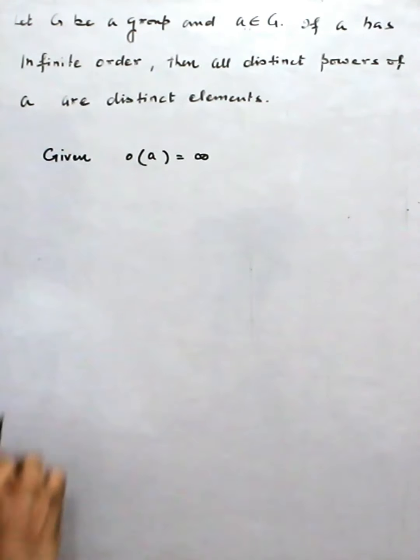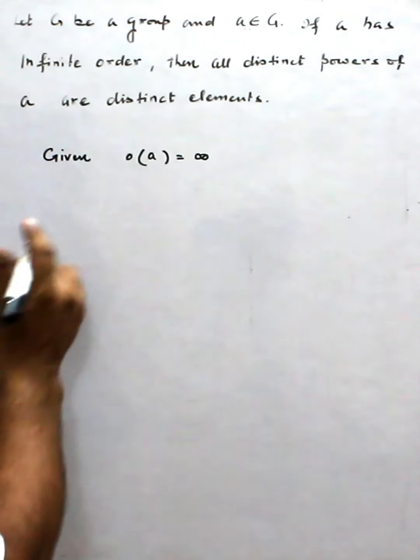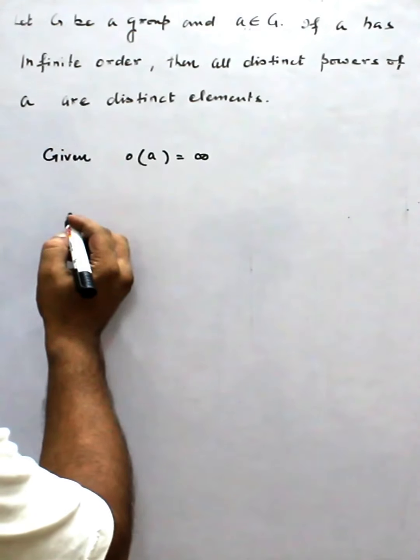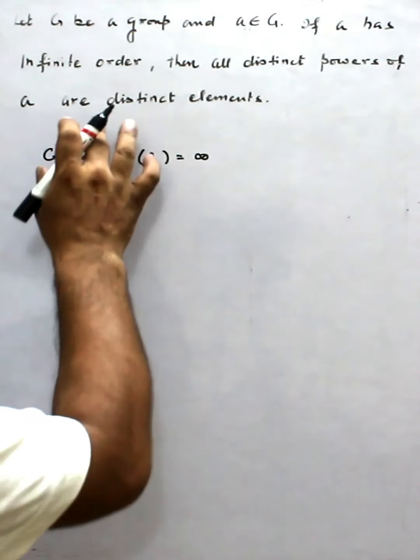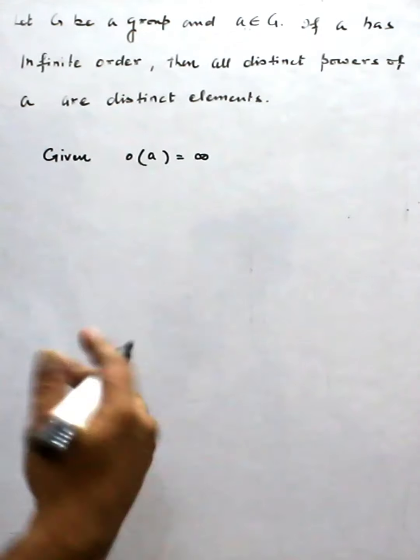Here, given A is of infinite order, only in that case. If we suppose the powers are distinct and the numbers are not distinct, then what happens?